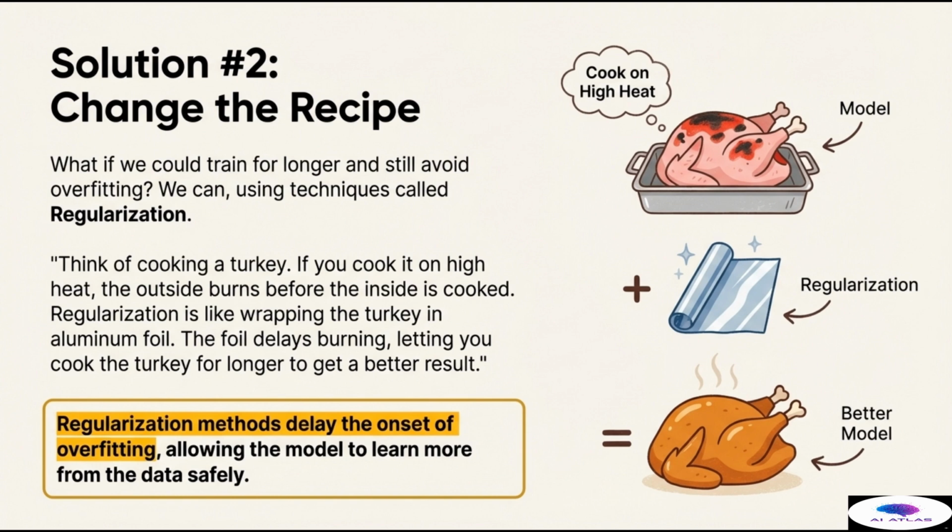The analogy here is perfect. Think of cooking a turkey. If you blast it on high heat without intervention, the outside burns, overfitting, before the inside is properly cooked, deep learning. Regularization is like wrapping the turkey in aluminum foil. The foil, which is the constraint we introduce, delays the burning process, allowing the inside to cook thoroughly.